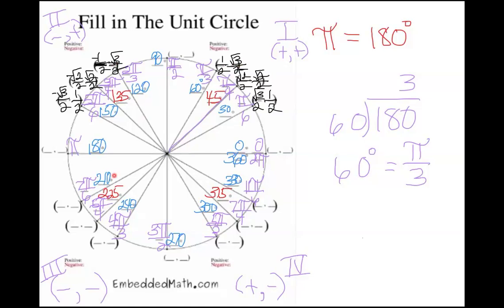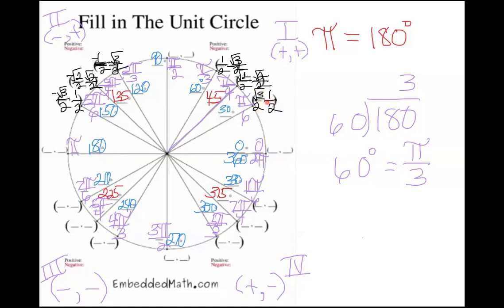Okay, so moving on down. In the third quadrant, 210 minus 180, that's a 30-degree angle right there, so our reference angle is 30. If our reference angle is 30, our x and y are going to be the same as 30.